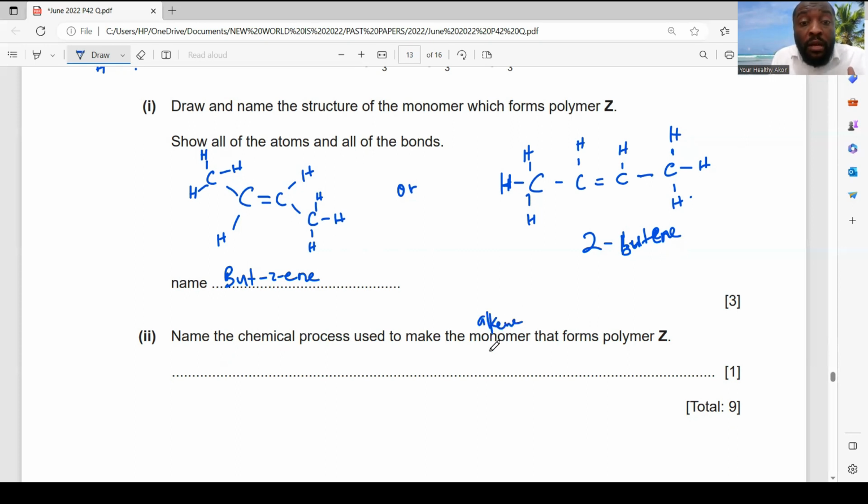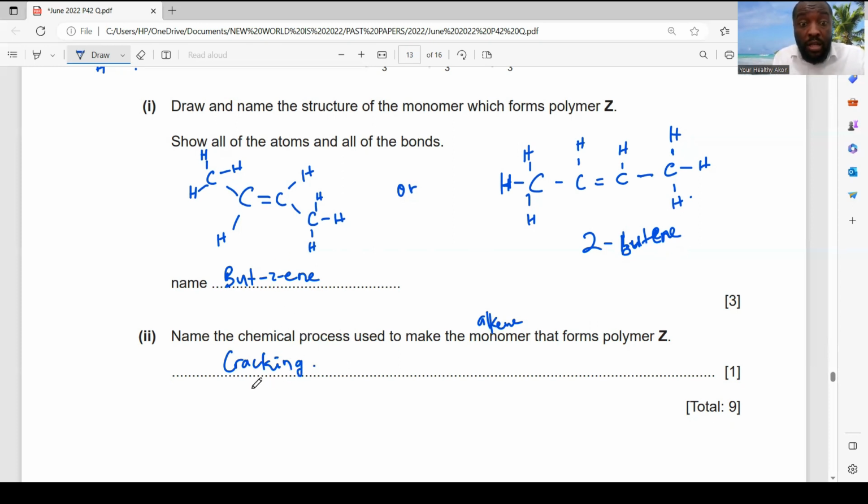So what chemical process produces an alkene like butene? A good chemical process is cracking, okay? So cracking can do the job for you.